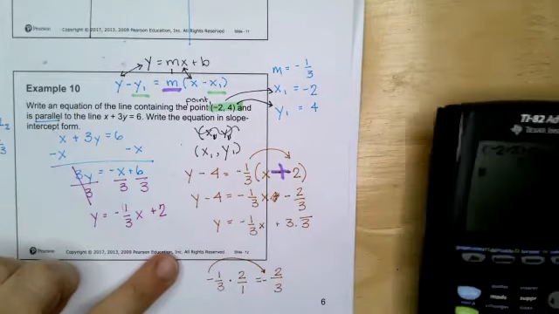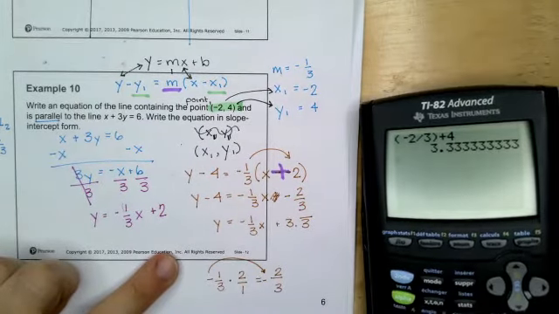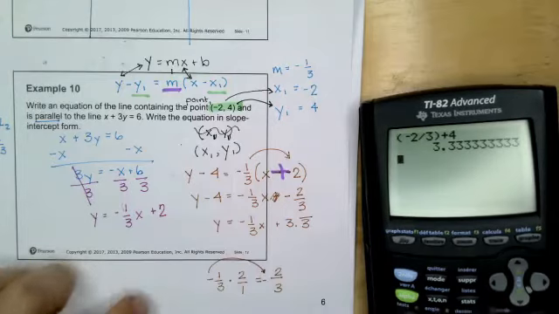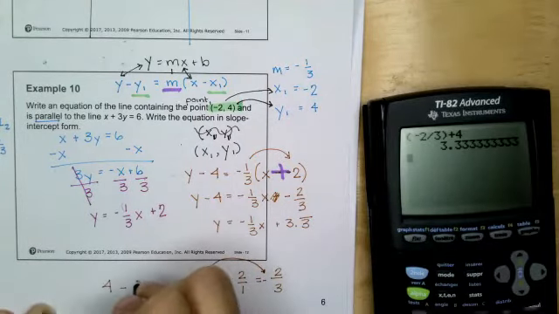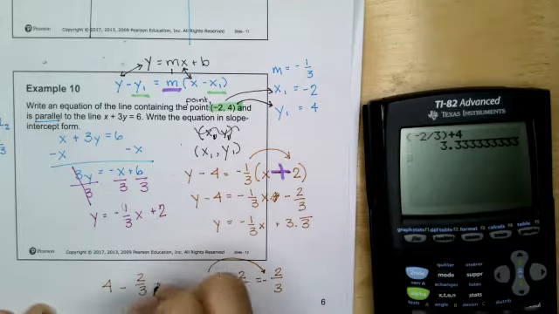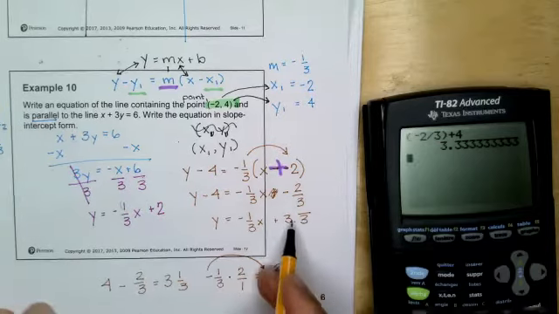Good. That's what my calculator gave me. Basically, you're taking 4 and you're subtracting 2/3 from it, and you get 3 1/3. That's the decimal form.